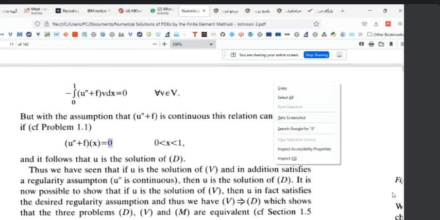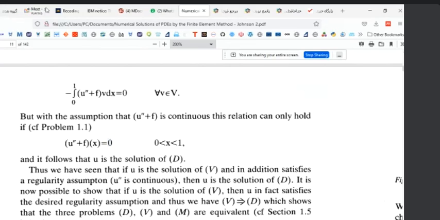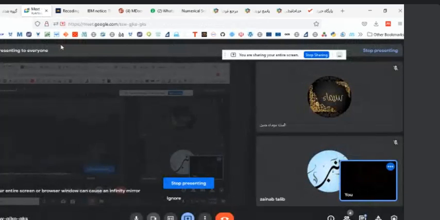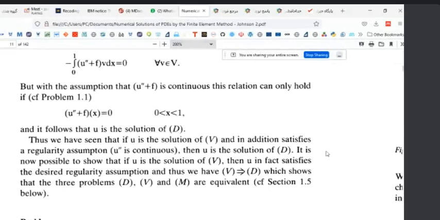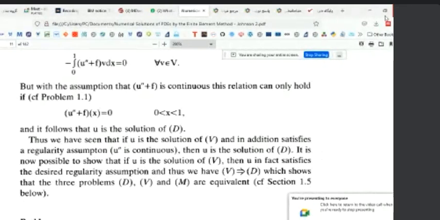We have seen that if u is the solution of the variational problem V and in addition satisfies the regularity assumption, which says u double prime is continuous, then u is the solution of the differential problem.